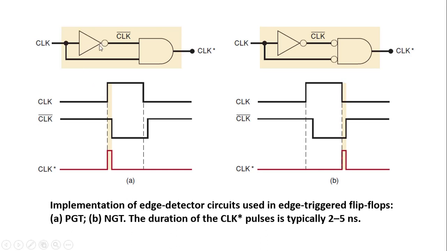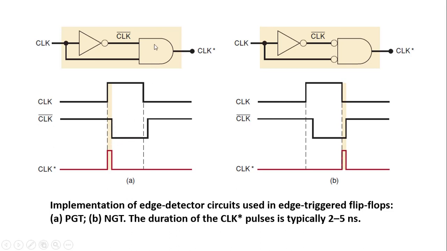This inverter will have some finite delay. Suppose this clock is initially 0, and at this instant it goes high. The clock bar will not go low at this instant, rather it will go to 0 after some delay, which is the delay of this inverter.